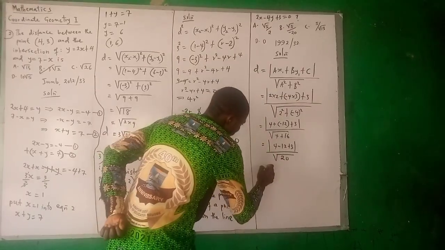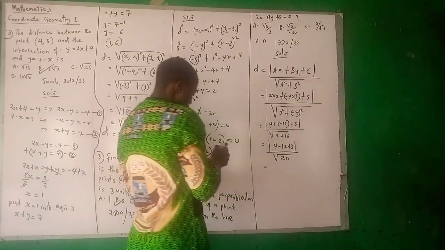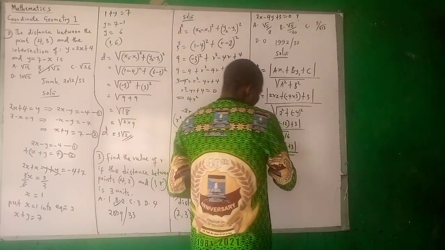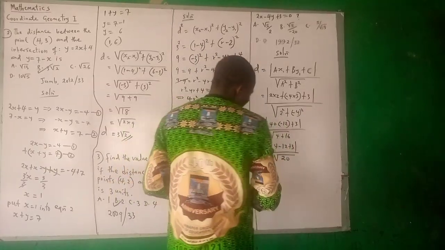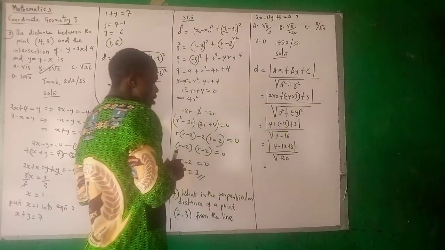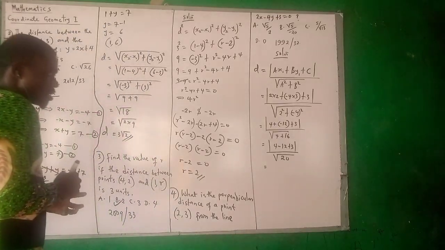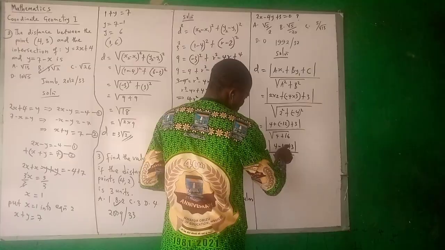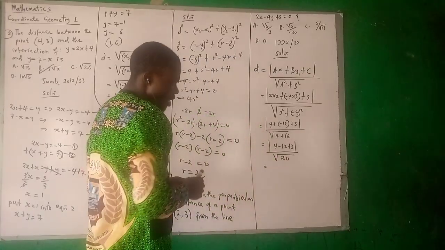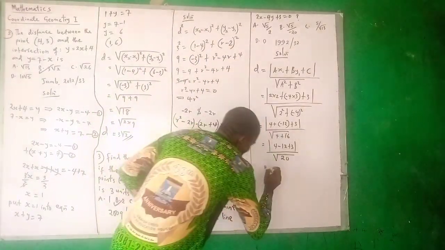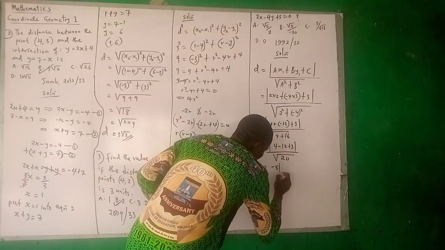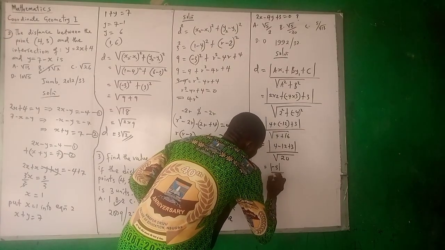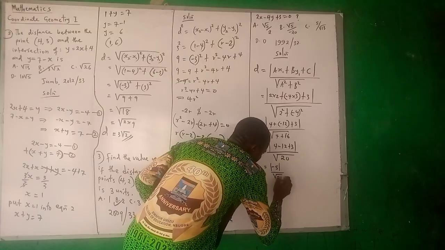And that will give me 4 minus 12 is minus 8. Minus 8 plus 3 is minus 5. So minus 5, absolute value of that, over the square root of 20.